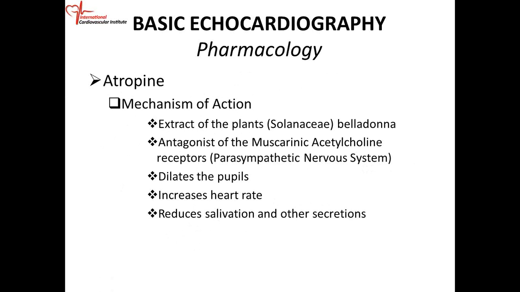So you give atropine, and the patient will usually increase their heart rate and achieve target. We also use atropine in patients who have significant bradycardia. The patients have a heart rate less than 40, and the blood pressure may be falling, stuff like that. You can give atropine to increase that.